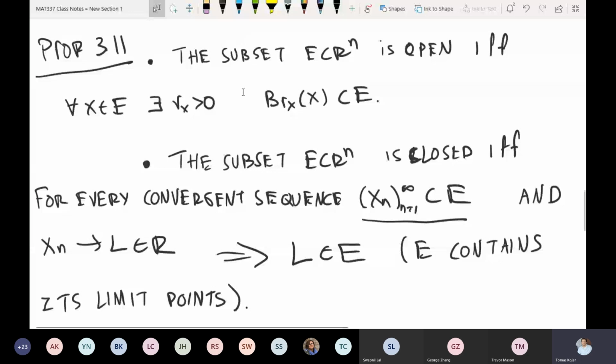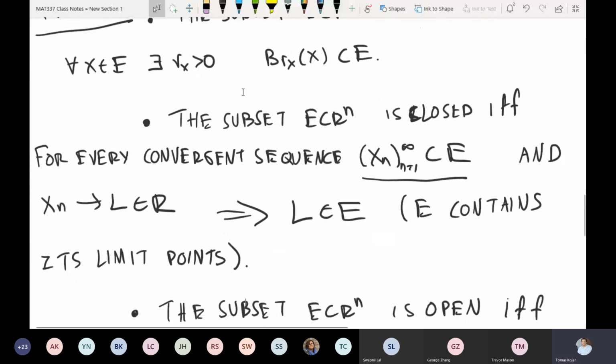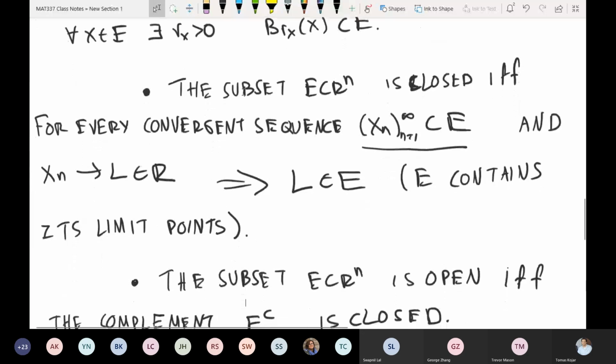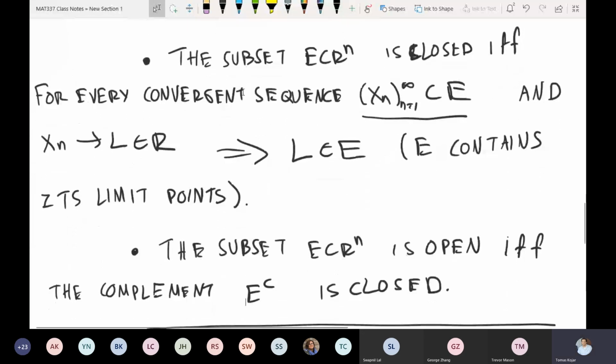Yeah, I don't have it here. Oh, I see. Sorry. No, I just meant its limit. Like it contains its limit points. Let me write it in small. It's confusing.